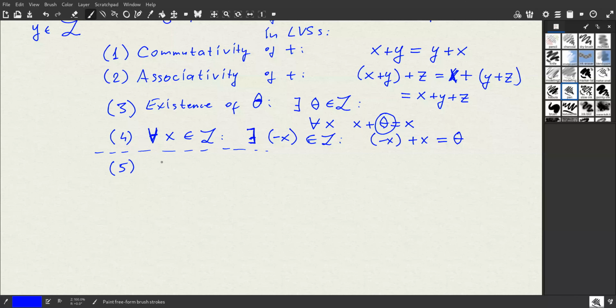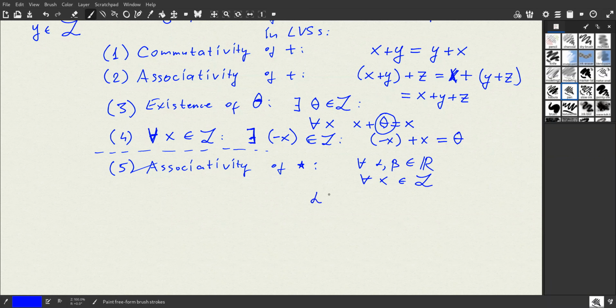So the fifth axiom is associativity of multiplication by a real number, which means that for any alpha and beta being real numbers, and for any x which belongs to our linear vector space, we can say that alpha multiplied by beta x is, interestingly enough, the same as alpha beta x.